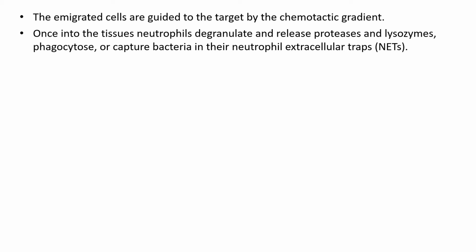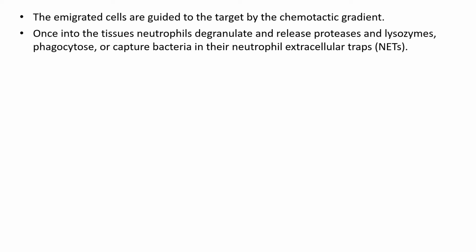Once neutrophils get in, their role is partly to degranulate. When they degranulate, they release proteases and lysozymes, so toxic enzymes that will break things down, including the target, but also, unless closely controlled, our own host cells. They can phagocytose, but they tend to die very quickly when they do.